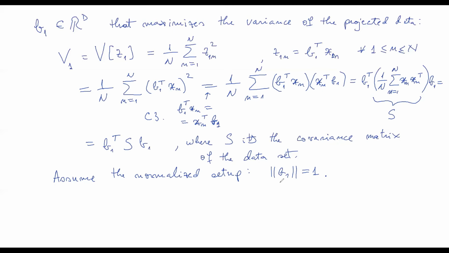And so the problem that we want to solve is to maximize this quantity: b1 transposed S b1. So we want to find the b1 that maximizes this one, where S is given, is the covariance of your data set.